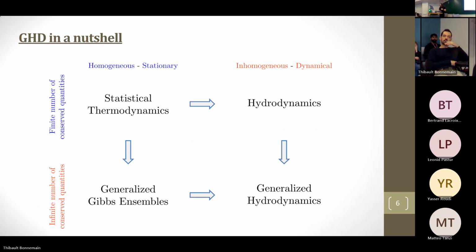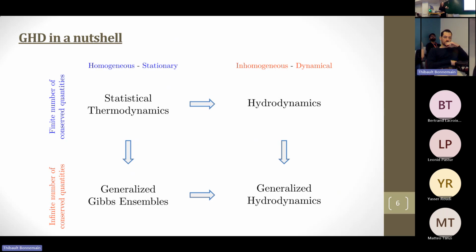Okay. Here's a quick recap slide. So we start with statistical thermodynamics, which is homogeneous and has only a finite number of conserved quantities, and from there we can either go to hydrodynamics, which keeps the number of conserved quantities finite but is inhomogeneous, or to GGEs, which is the opposite.